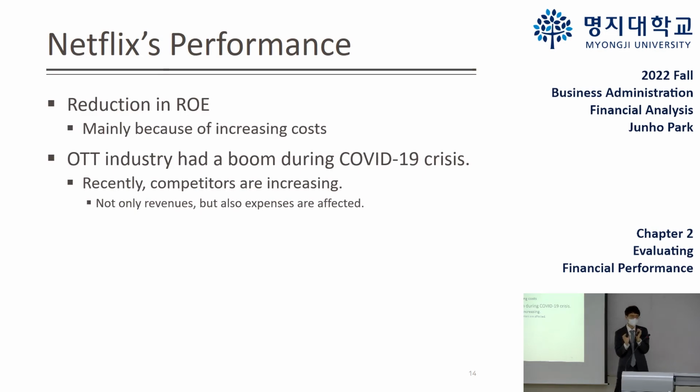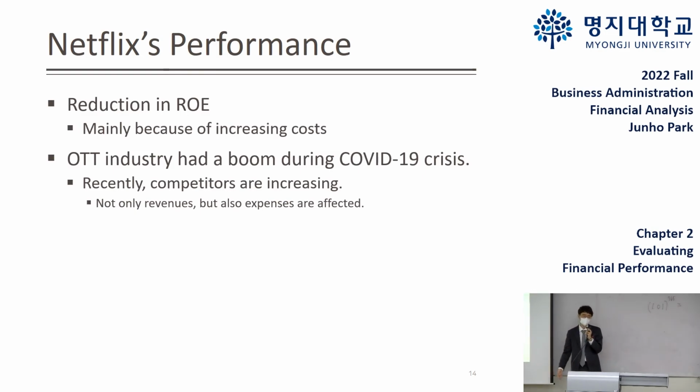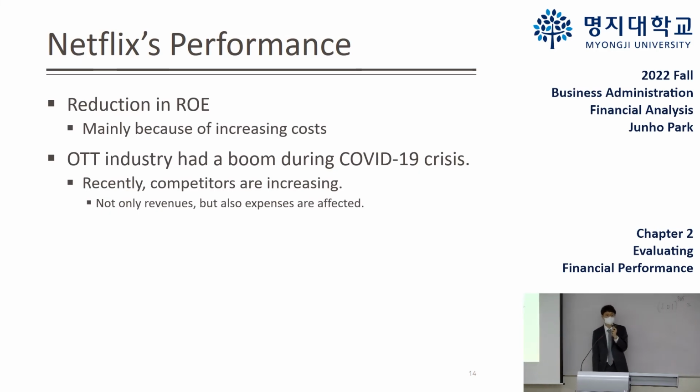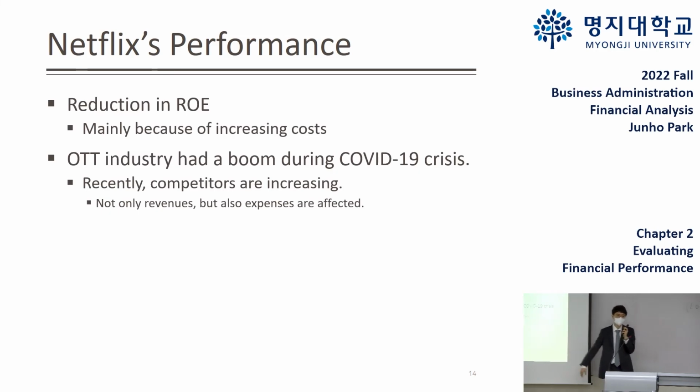But at the same time, another problem is that they are paying more to the content creators. For example, 2 years ago, they were able to pay only a small amount of money to the creators of Squid Game in Korea.